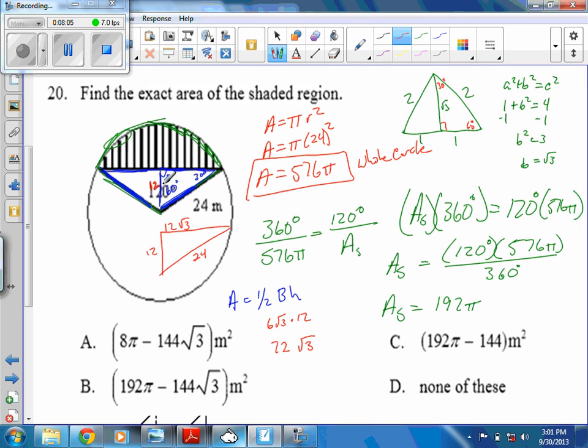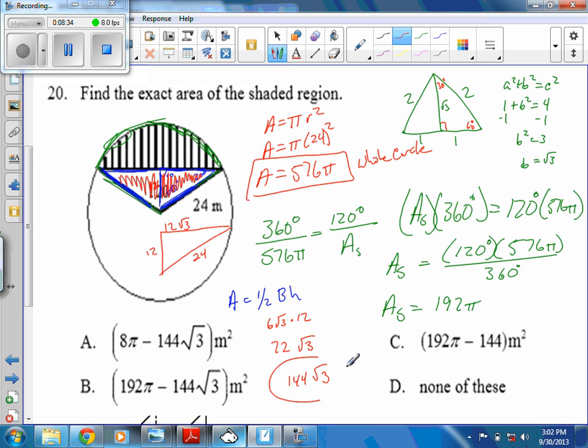Okay, so this is 72 square roots of 3. I'm sorry, that's not right, not 1/2 base times height. We have 72 square roots of 3 here, and 72 square roots of 3 here. So we have a total of 144 square roots of 3.